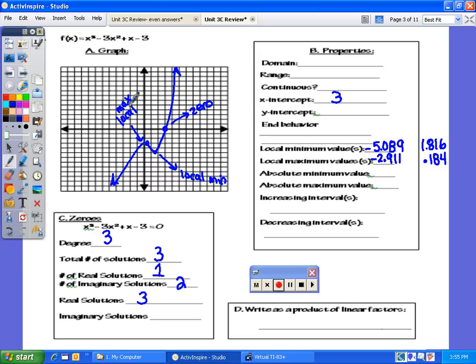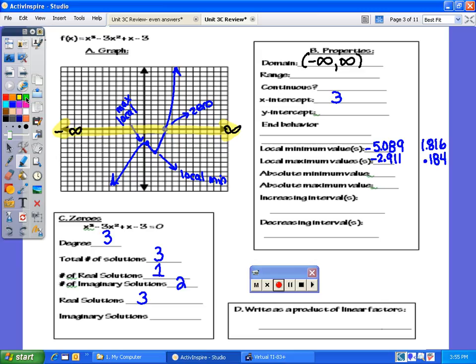Alright, remember your domain is how far to the left and how far to the right. You'll notice that as I travel along this, it goes all the way left, and it also goes all the way right. So that means it's going from negative infinity to positive infinity.